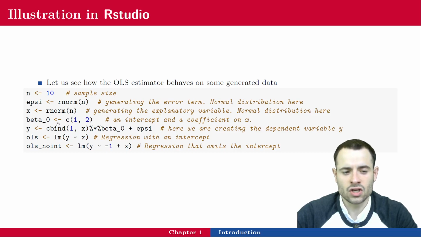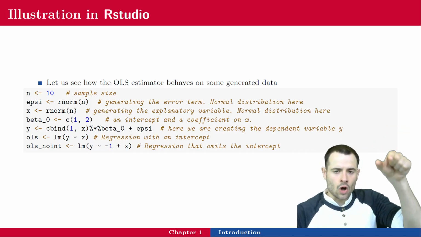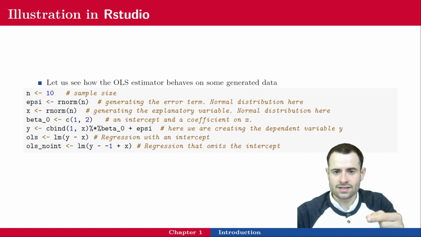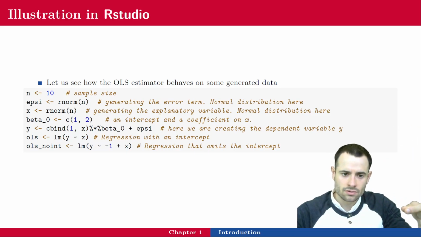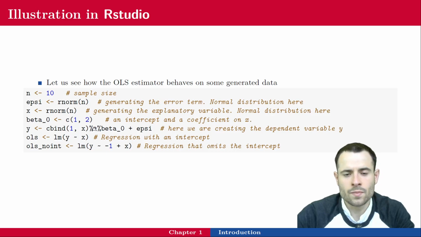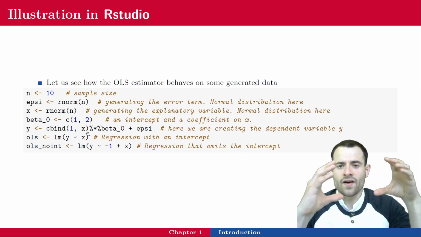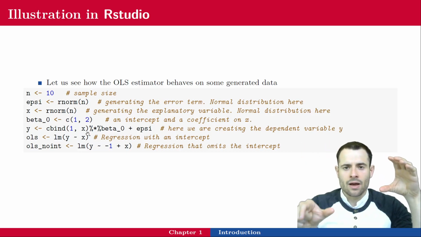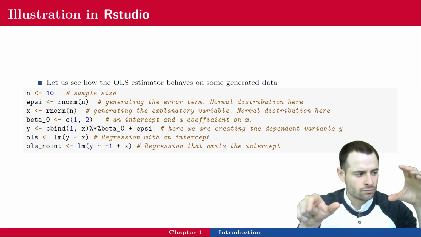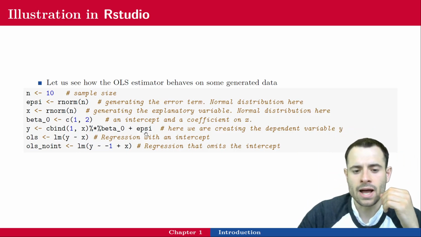This is what this notation is doing. cbind is creating a column of 1s and a column of my x's. I have 10 x's, and I'm going to have 10 1s. And this funky formula here is going to make this column vector a row vector to multiply by beta 0. And I get my combination plus my error term.